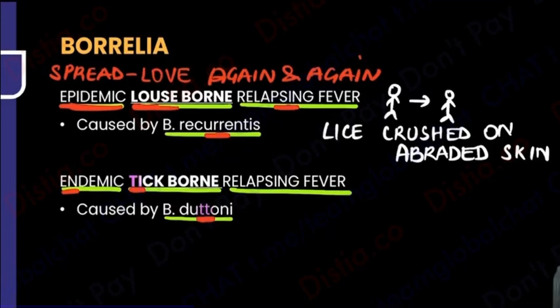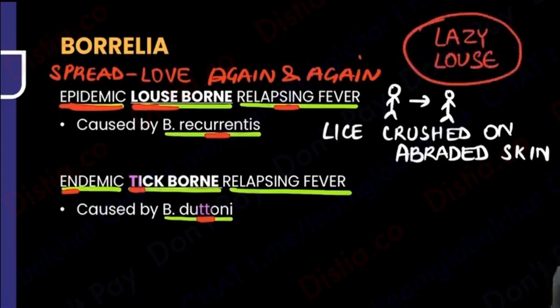Any of you who've been in a relationship or are currently in a relationship, you know that once you enter a relationship, you tend to become very lazy. So this louse has also become very lazy. It is not going to bite. It is just going to go and get crushed on the skin. So it's a lazy louse. Whereas when I talk about the other one, if that was epidemic, the other one is endemic.